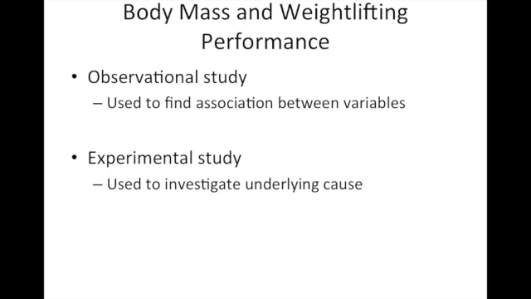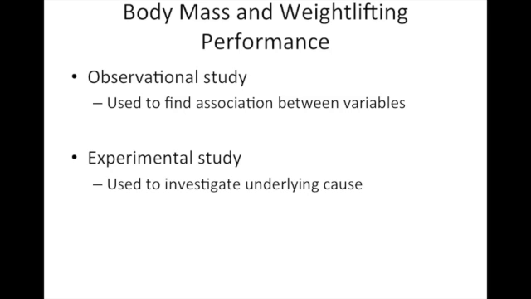So in this case, we may find that increased body mass is associated with greater weightlifting performance, but it may actually be that the heavier individuals also tend to be the taller individuals, and it's actually that increased height that's responsible for the greater weightlifting performance.